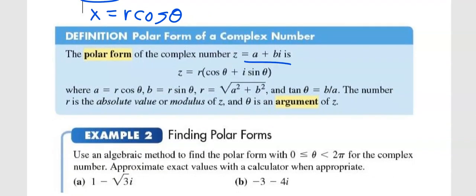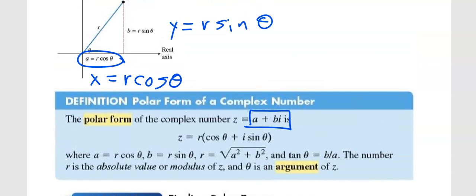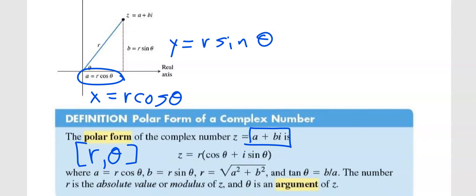How can you write a plus bi in its polar form? Well, the r and the theta of a polar coordinate, r comma theta. Now, as I've said in the notes, we use brackets. I don't know why MyMathLab uses parentheses. Makes no sense to me. But the r and the theta of a polar form coordinate, well, that can't be that bad, right?